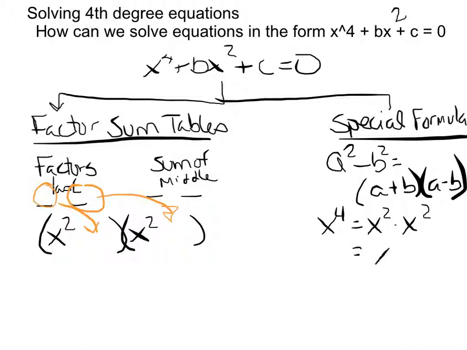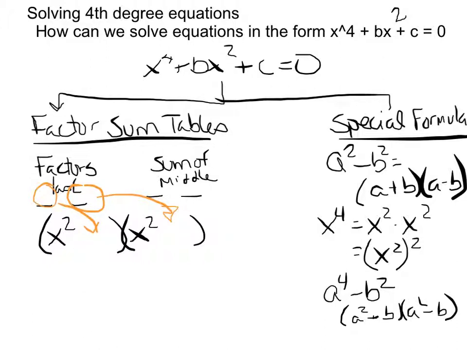So isn't x to the fourth just x squared squared? So the difference is when we use this special formula, a lot of times we're actually going to see it not written as a squared minus b squared, but a to the fourth minus b squared. But we will still treat it the same way, and it will break to be a squared plus b times a squared minus b. Kind of a funky two there.